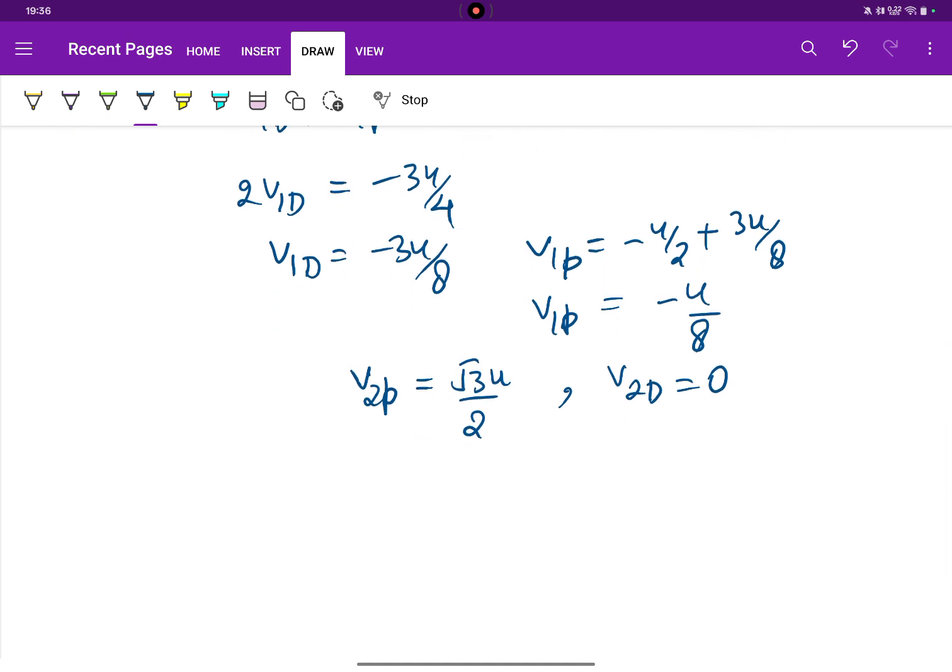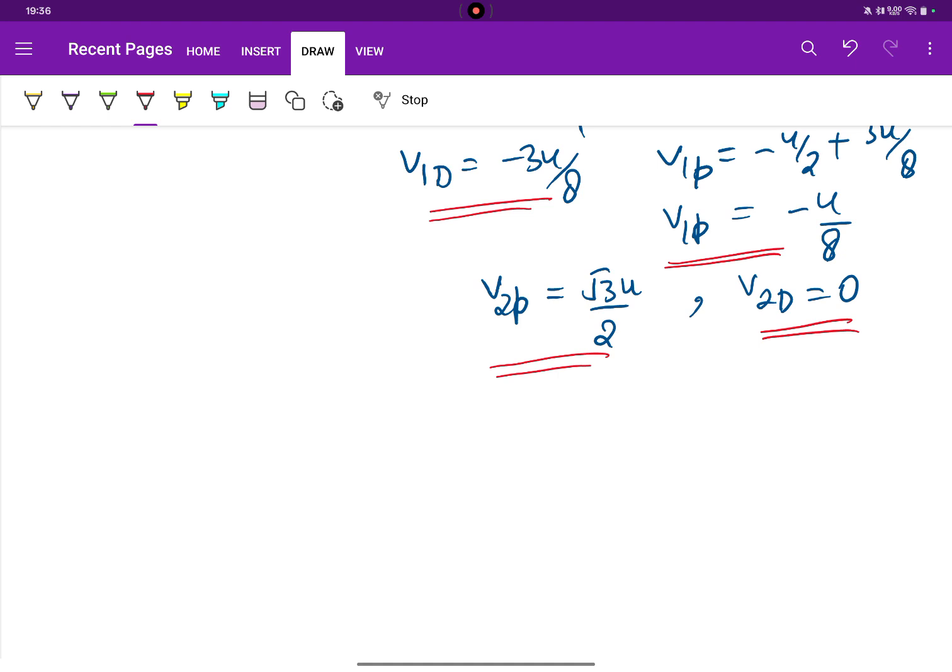So again you have, let me just circle them so that you know this is important. Now let's recreate the final velocities.